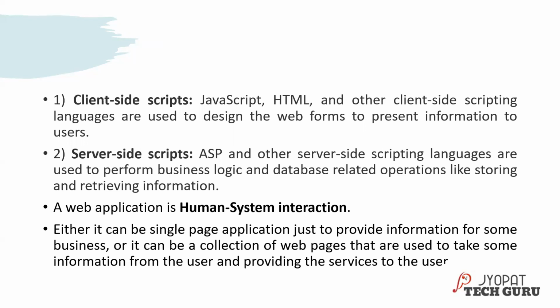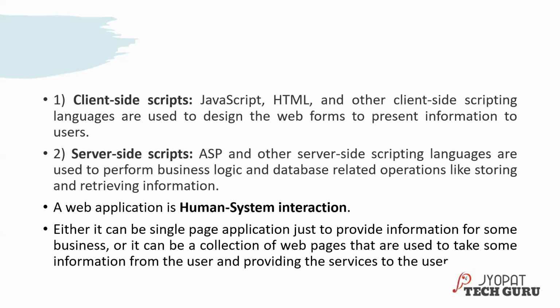Whenever you want to do any kind of operations with respect to the server, you have to write the server-side scripts. So a web application is a human system interaction. Either it can be a single page application just to provide information for some business, or it can be a collection of web pages that are used to take some information from the user and provide services to the user.